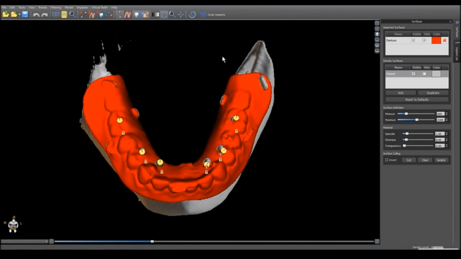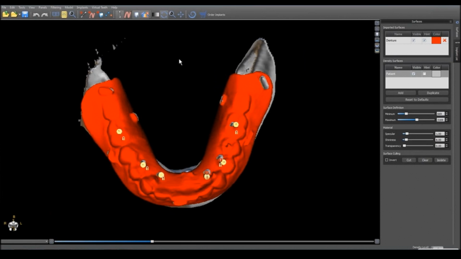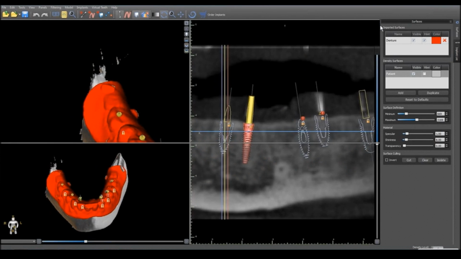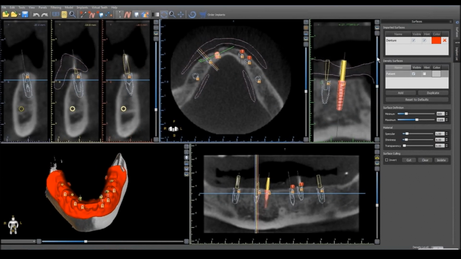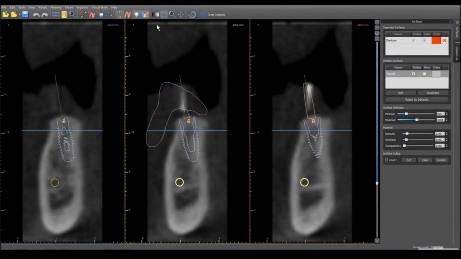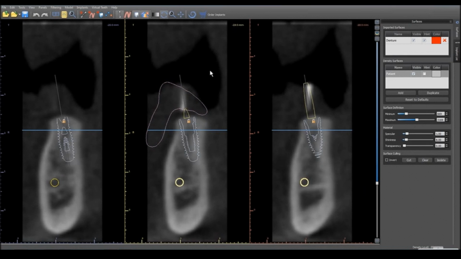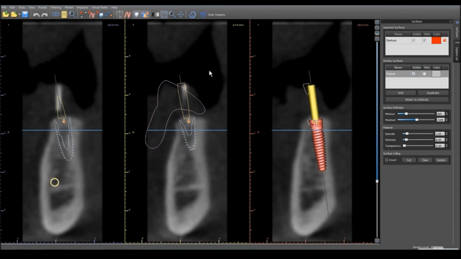So in this case, you can see future tooth position is determined by the denture. And we go to our cross-sectional views. When the implants are placed or planned, you can see the denture, and you can see the outline of the denture tooth. Again, this is the traditional dual scan method.